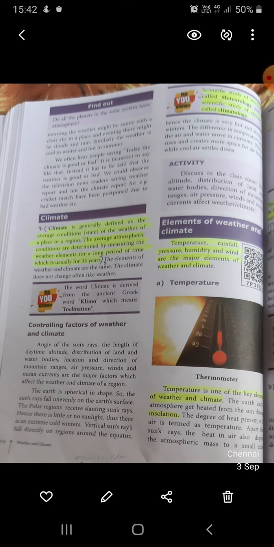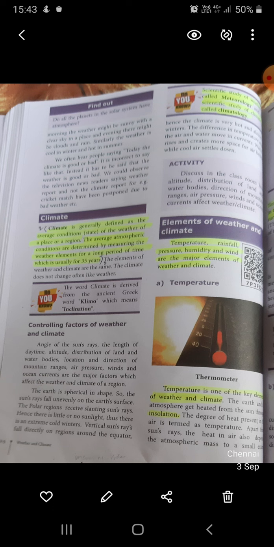Okay, the elements of weather and climate are the same, but the climate does not change often like weather. Weather can change suddenly, in a day it will change, but climate does not change often like weather.